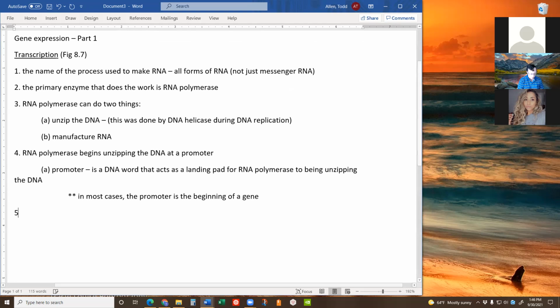All right. Now we have to deal with, well, how does RNA polymerase know where to stop? Where does the gene end? And you can see for yourself on figure 8.7 that each gene has a sequence that's called the terminator.